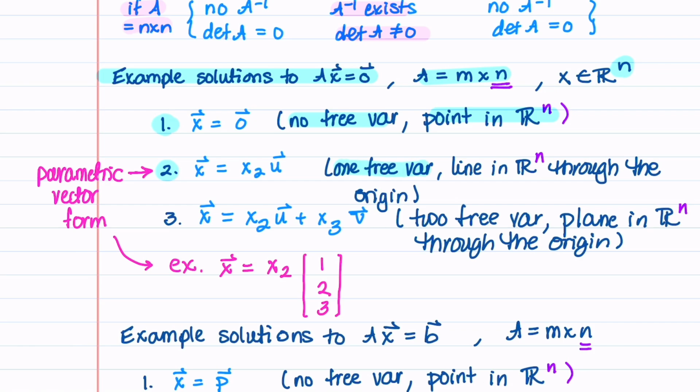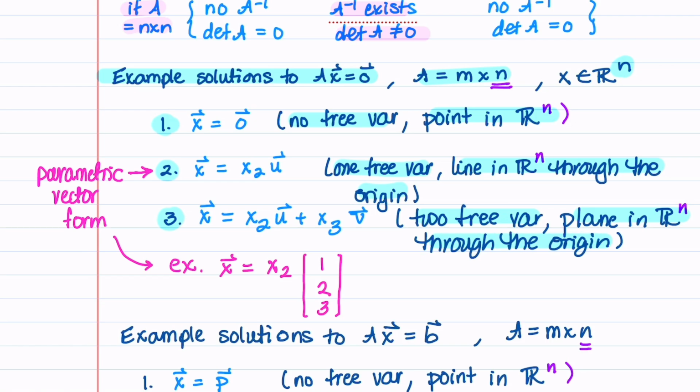When that happens, your solution is a line in Rn that passes through the origin. The third type of solution you can get is when you have two free variables. For this type of solution, your solution is a plane in Rn that passes through the origin.